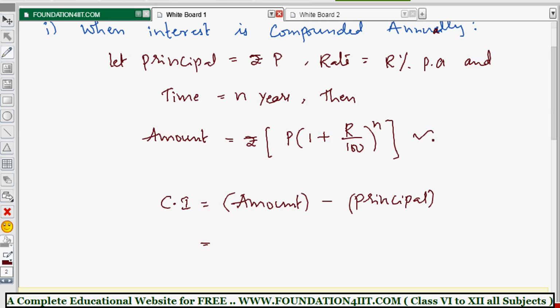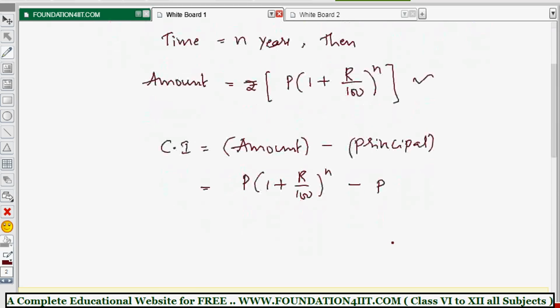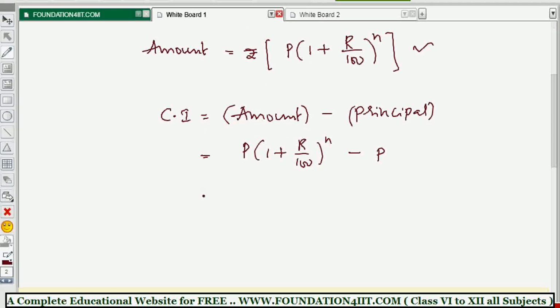The amount is P into (1 plus R by 100) to the power n, minus the principal P. Simplifying by taking P common, we get P times ((1 plus R by 100) to the power n minus 1). You can use this formula for compound interest directly, where P is the principal, R is the rate of interest and N is the number of years.